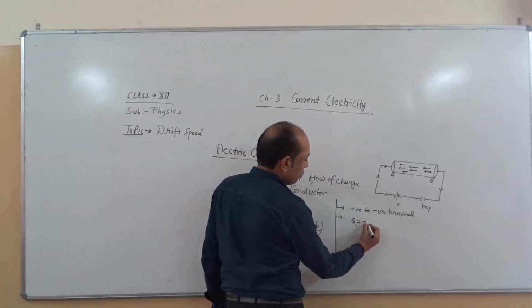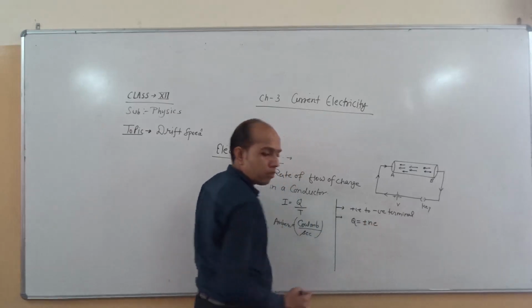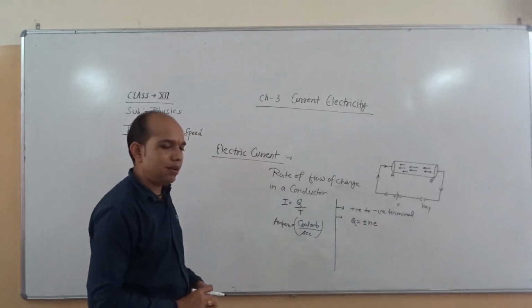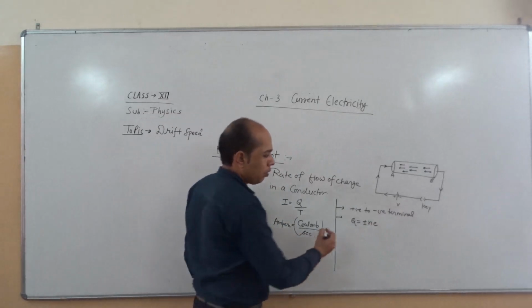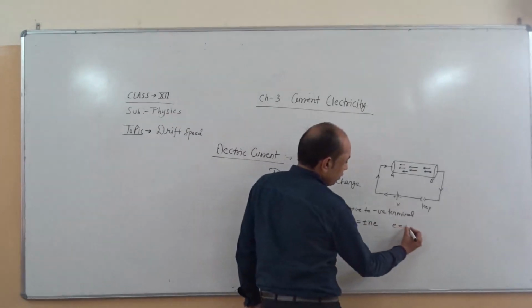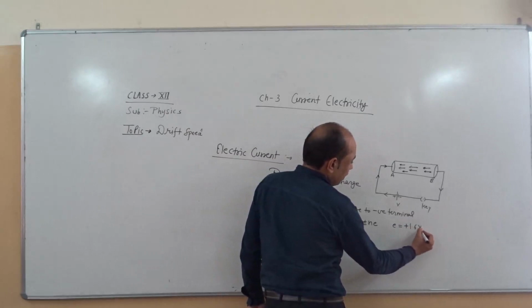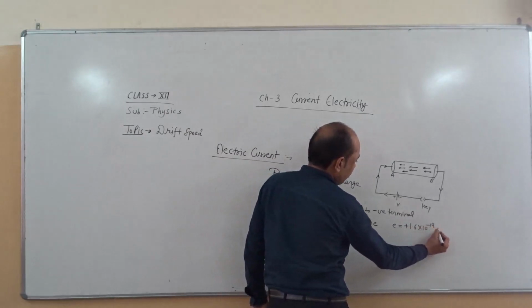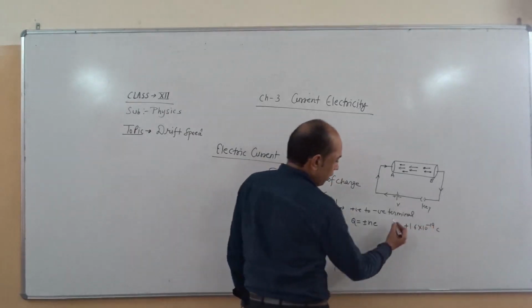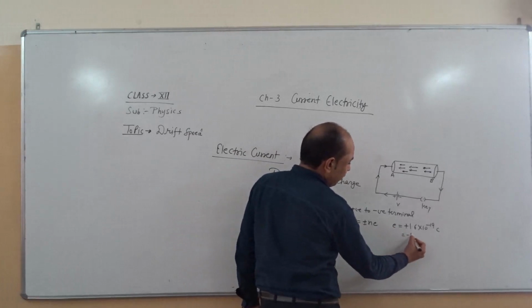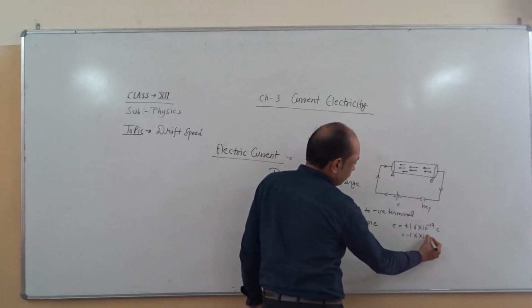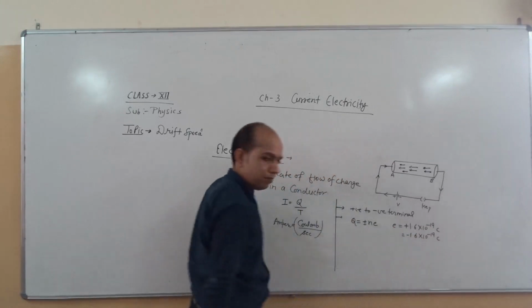So Q is equal to plus minus Ne. N is an integer and e is the charge of electron. This is equal to 1.6 into 10 raised to power minus 19 coulomb for proton, and for electron it is negative 1.6 into 10 raised to power minus 19 coulomb.